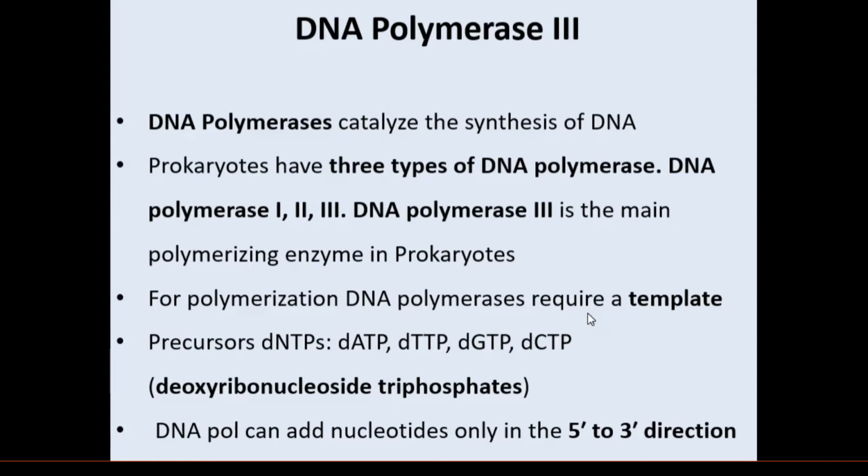For polymerization, DNA polymerases require a template which is provided by the parental strand. Precursors are deoxyribonucleoside triphosphates, that is deoxyadenosine triphosphate, deoxythymidine triphosphate, deoxyguanosine triphosphate, and deoxycytidine triphosphate.